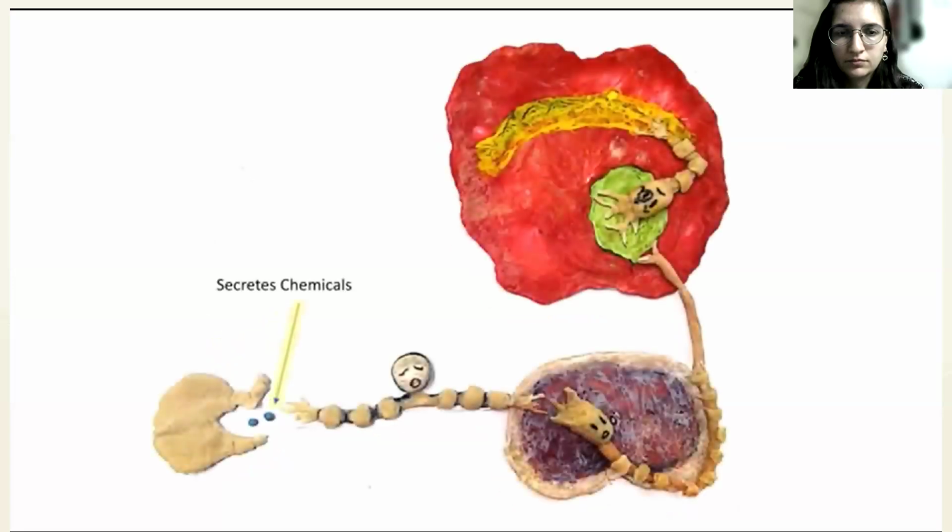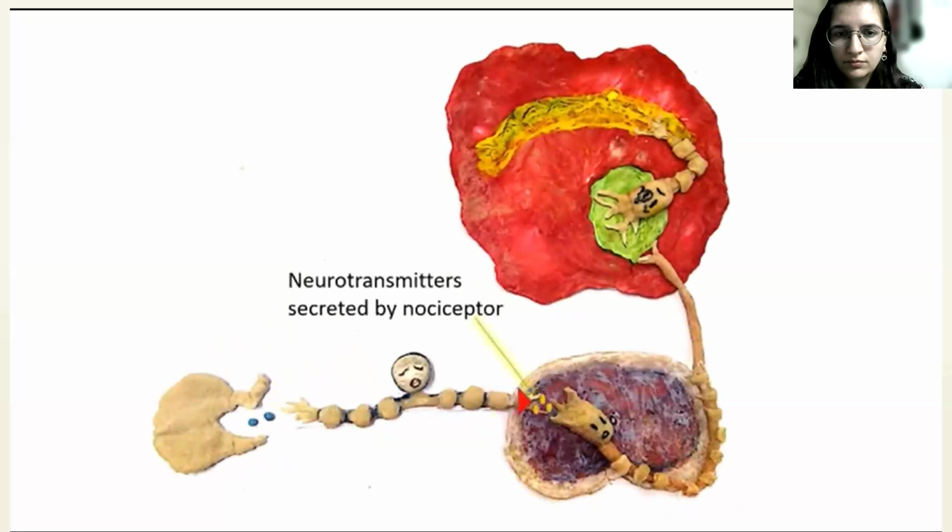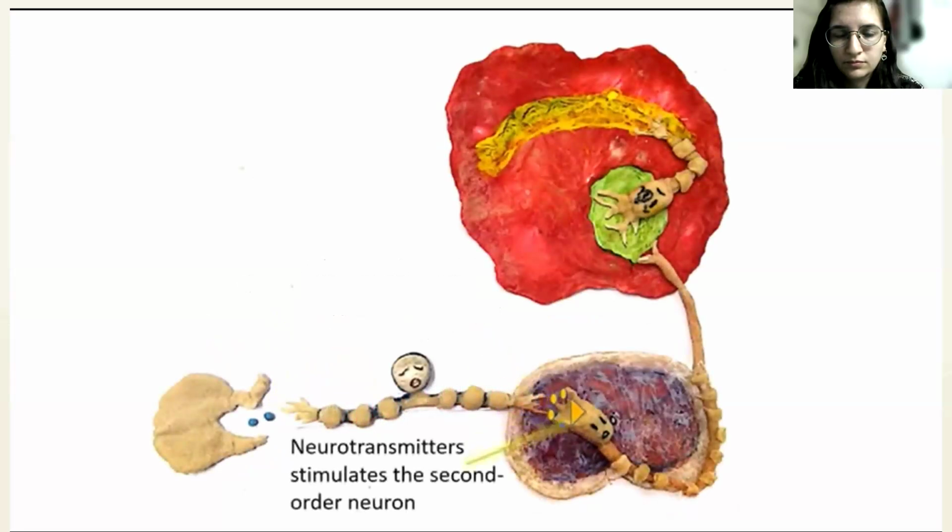These chemicals trigger the nociceptor, and the message that a tissue has been damaged starts moving through the axon. The message moves to the spinal cord, where the axon terminal secretes chemical messengers called neurotransmitters. These bind to the dendrites of the second-order neuron, and the signal starts moving along the axon of the second-order neuron, ascending through the spinal cord towards the brain.